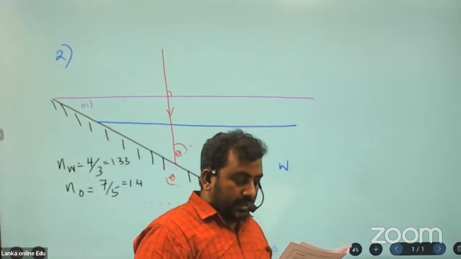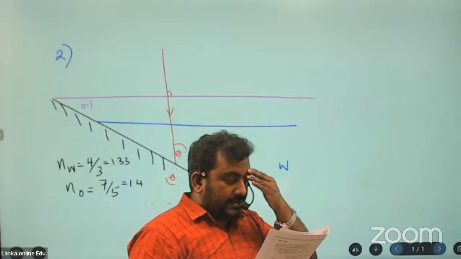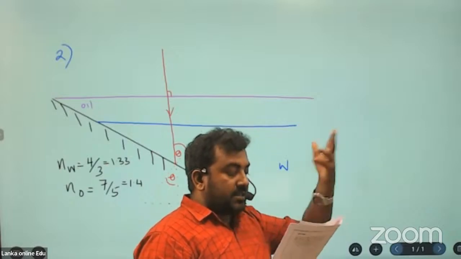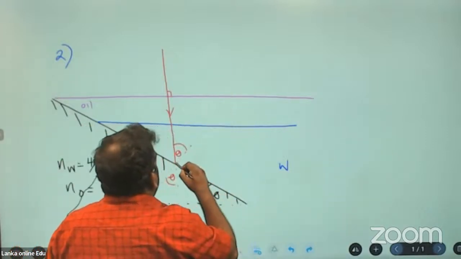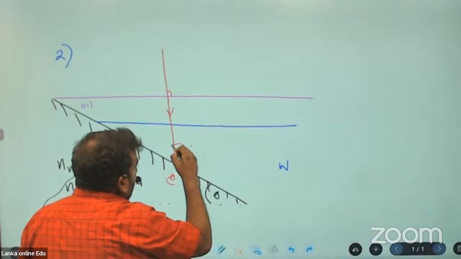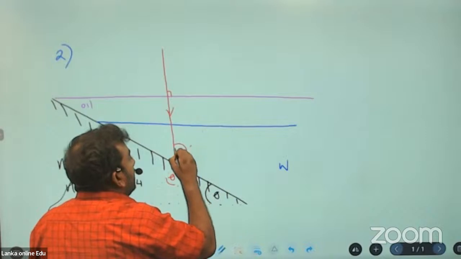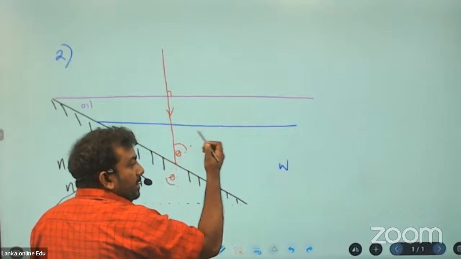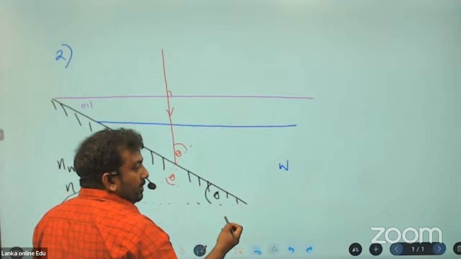So what's the question? Determine the maximum value of theta for which the light ray, after traveling through the liquids, emerges into the oil-air interface. So here, with the normal, angle of incidence equals angle of reflection.